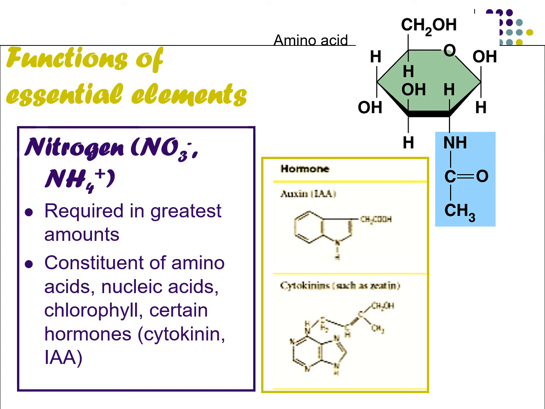Nitrogen is a constituent of amino acids. It's part of the structure of certain hormones like auxin. It includes nitrogen also in its structure, and another hormone, which is cytokinin.